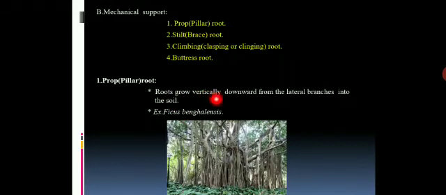Here the roots grow vertically downward from the lateral branches into the soil, because the ficus tree has a broad base, and that broad base can withstand the weight with the help of prop roots. They give the mechanical support. These are good examples for the prop root: banyan tree and one more tree, the Indian rubber tree.